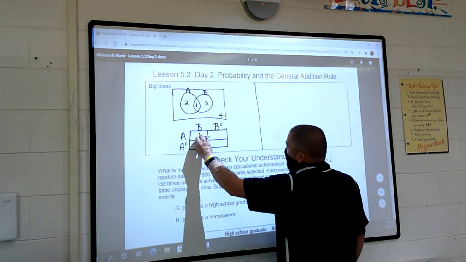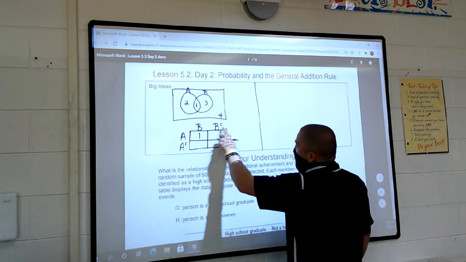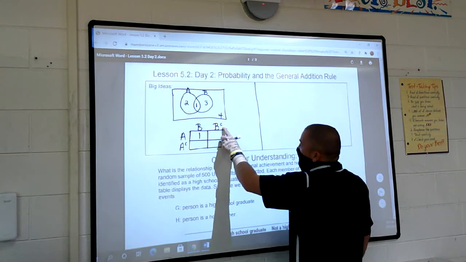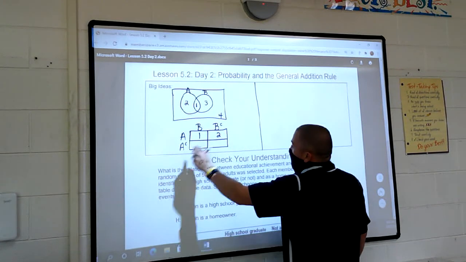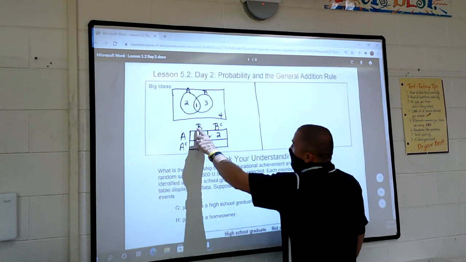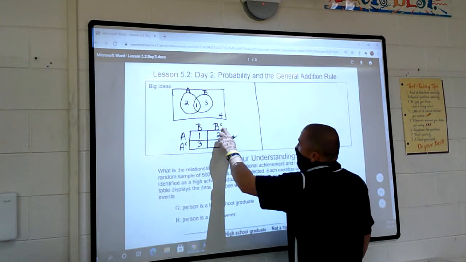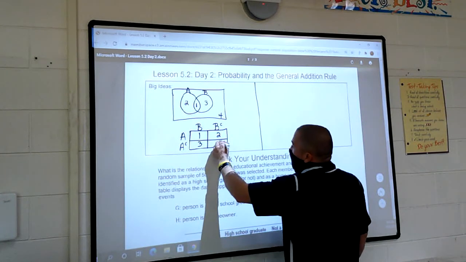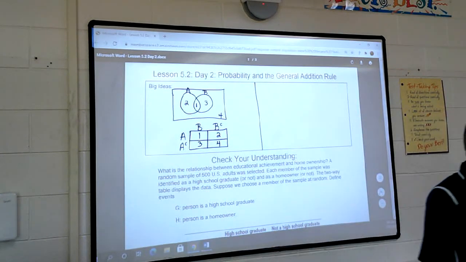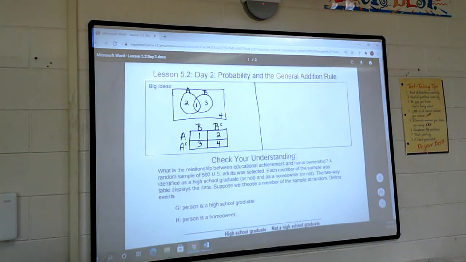So this is here. A and not B is 2, right? Not A and B is 3. Not A and not B is 4. What is the C for? Okay, that's the complement. But anyways, yeah.